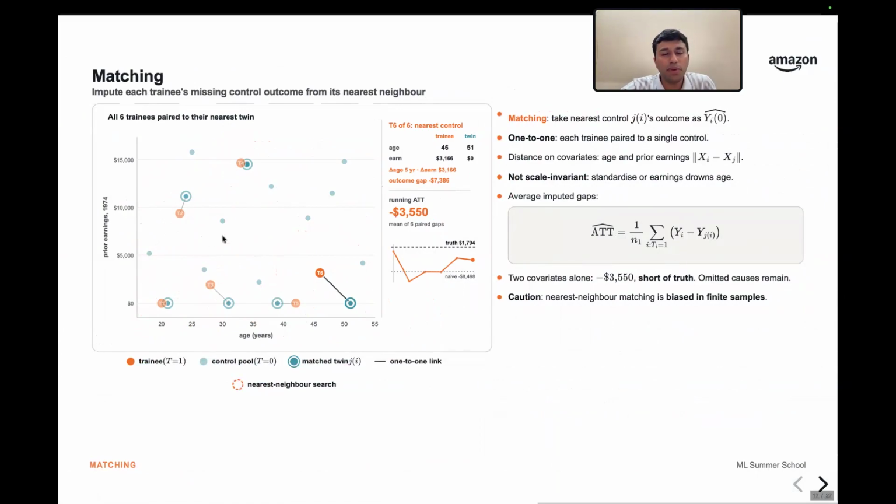The idea behind it being that you don't have a direct counterfactual for that particular data point. You don't know what would have happened if they were given an internship or not given an internship. And that's why you look at a data point that is very close to it with respect to prior earnings and age, right? So maybe in the control, you find a data point where the earnings is very similar and the age group is also very similar.